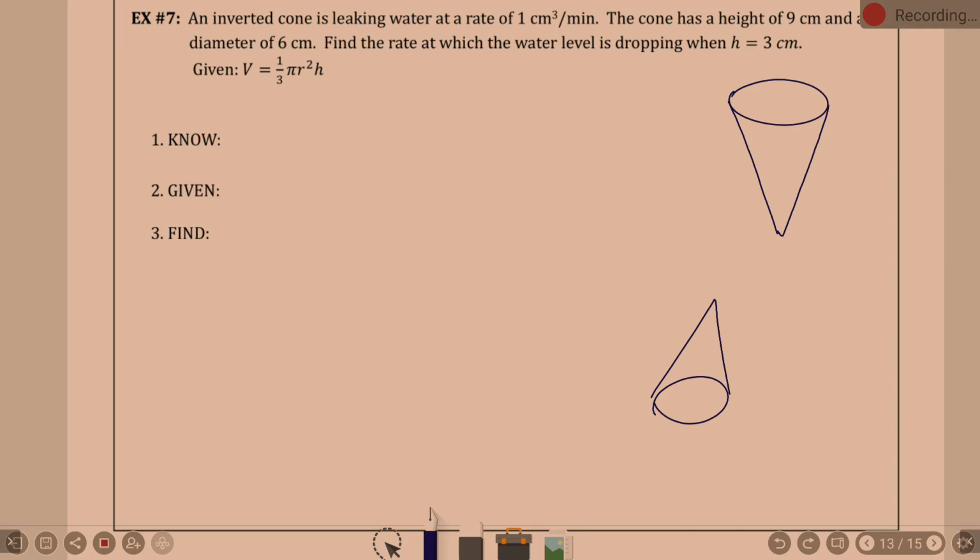This right here is what you learned as a cone. I know we always equate it to an ice cream cone, but a cone, like a party hat, like a pylon outside, that's a cone. Inverted means the opposite. Okay, anyways, there's your inverted cone.